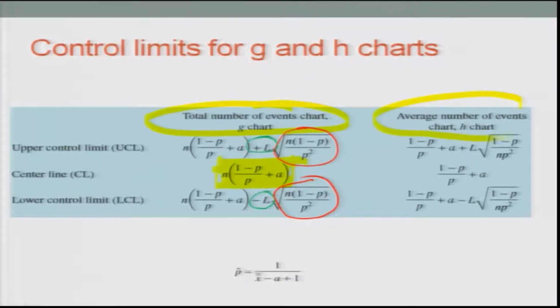So, this is the average number of events chart, which is H. Then let me again highlight the average value. So, the average value is basically, as you divide by n, obviously those changes would be there. So, it is (1 minus p) by p plus a. So, you use that as a central line.